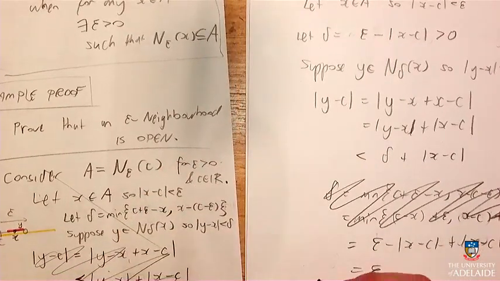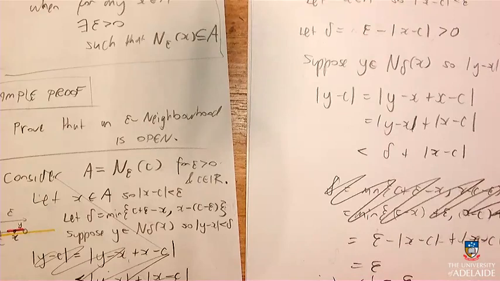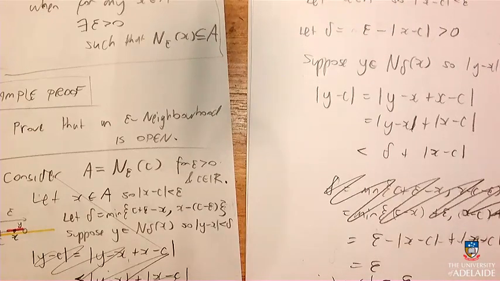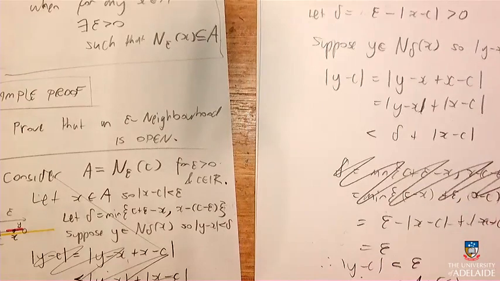And so therefore the distance between y and c is less than epsilon, and therefore y is in the neighbourhood of epsilon around c. Yes! Yay! And so therefore the entire of this thing is contained in that, and therefore A is open.